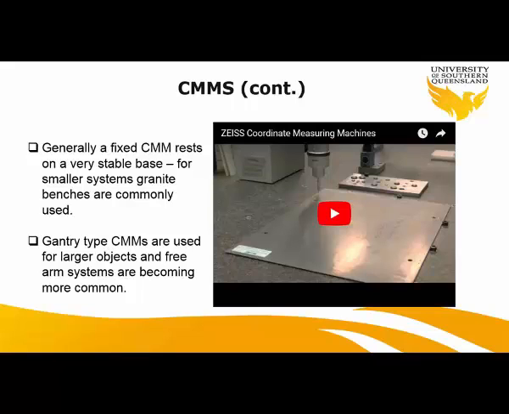If you have bigger machinery that you can't put in the fixed CMM, you might use what we call the free arm system, or gantry type in general, which are for larger objects. I put a video here to show you how it's actually working.